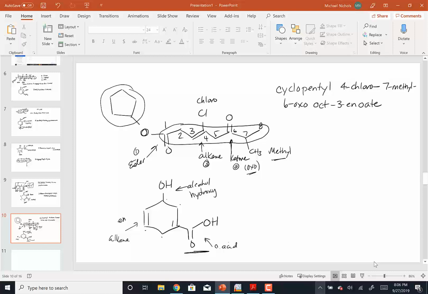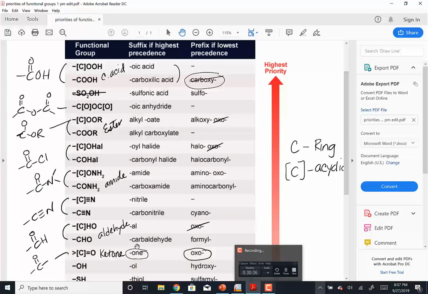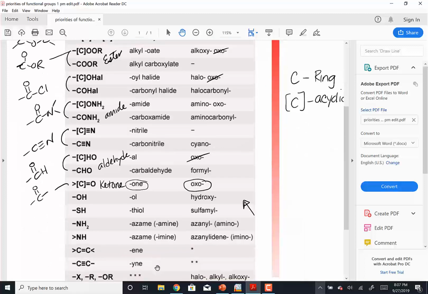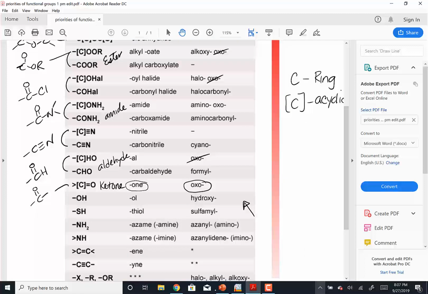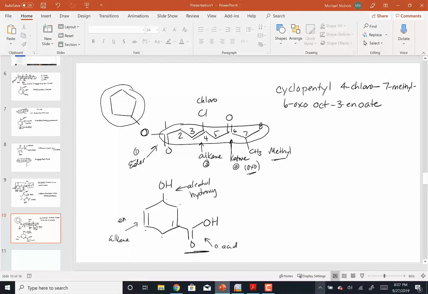So now I'm going to go in the direction to give the higher priority group between alkene and alcohol the lowest number. If I forget, I go back to my chart, which says alcohol outranks alkene. So the alcohol outranking the alkene means I'm going to go 1, 2, 3, 4, 5, and 6.